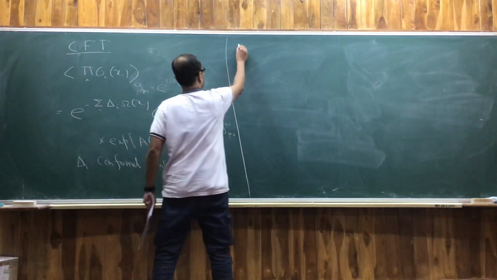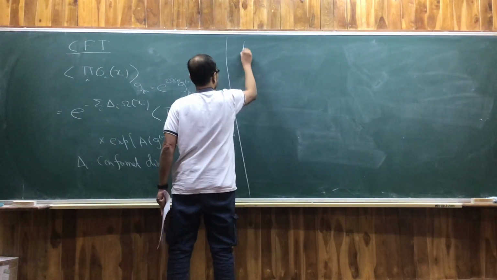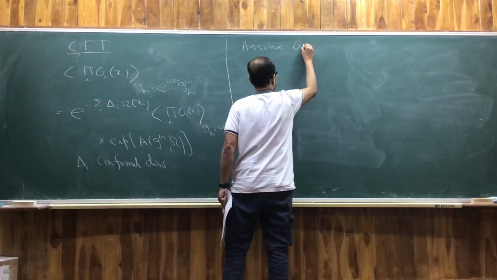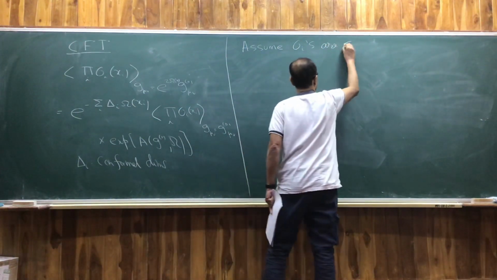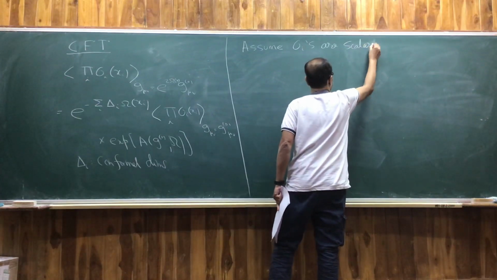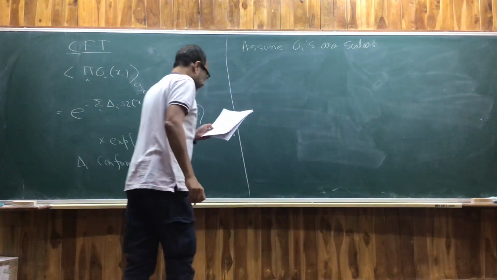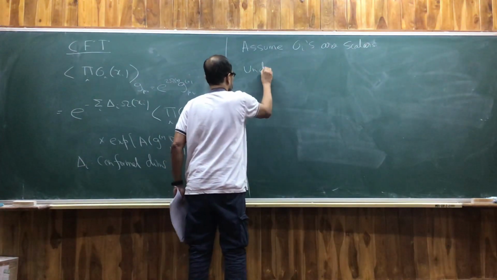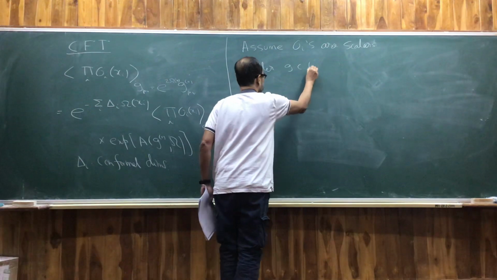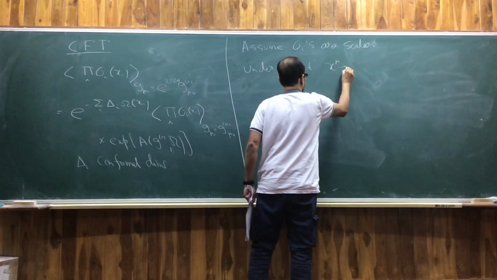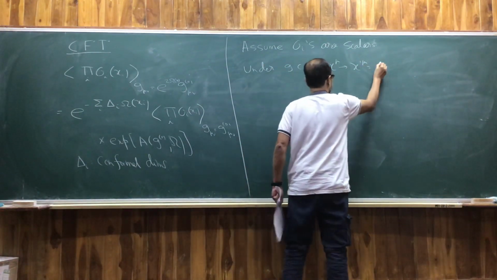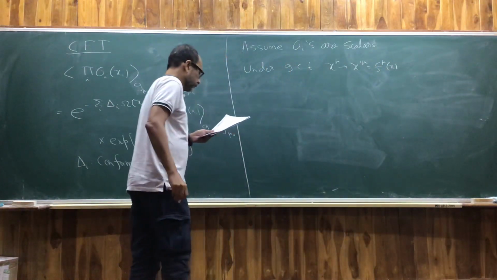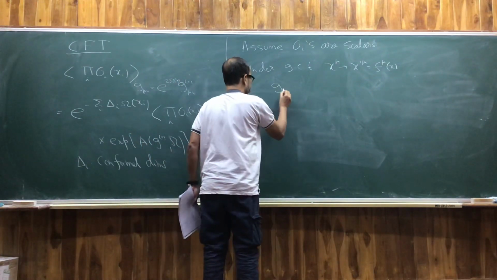From now on, let's assume that the operators are scalars. This is just for simplicity; we can easily generalize it. So if we make a general coordinate transformation, x^μ goes to x'^μ, which is some function of x, the metric will change.